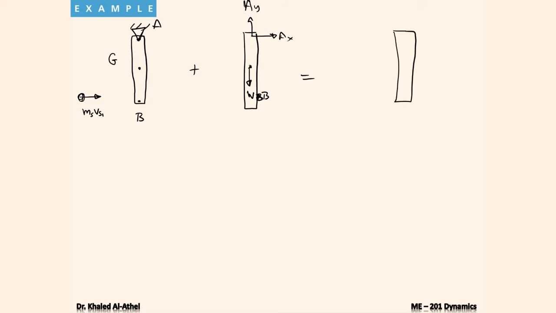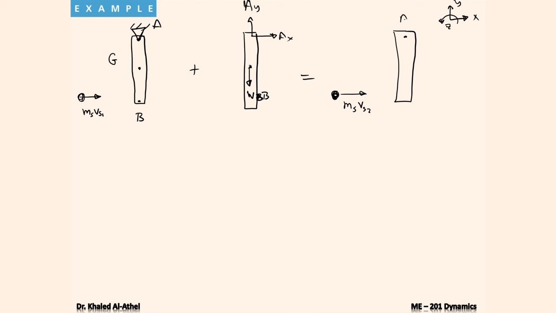Now I will have the sphere. Now you might think that the sphere will go to the left after the impact. Yes, but just as an assumption, I can always keep it as the positive direction. So this is my X, this is my Y, and this is my Z. So I can keep it positive if I want to.